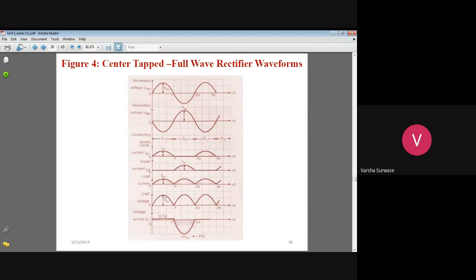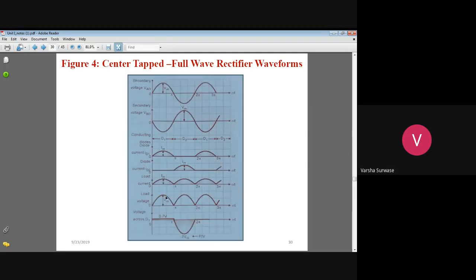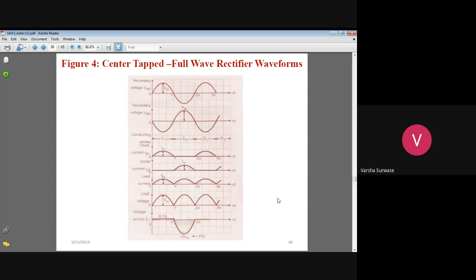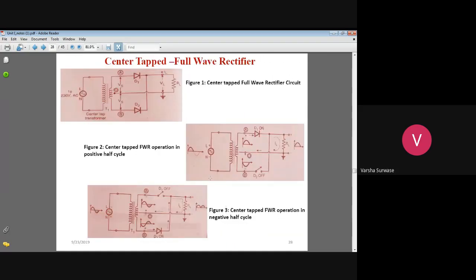For the positive half cycle you get positive voltage, and for the negative input voltage you also get positive voltage at the output, because the direction of current is the same for both diode D1 and diode D2 when they are conducting.